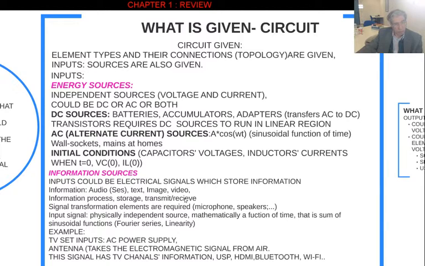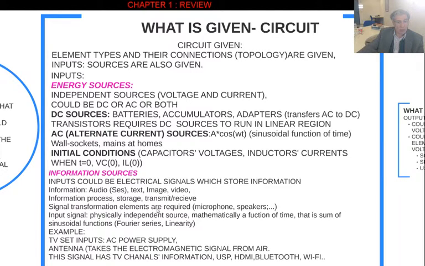All these operations are going to be done in the electrical world. So text, image, video are different forms of information sources. We have to transfer these information sources to electrical sources. How could we do that?